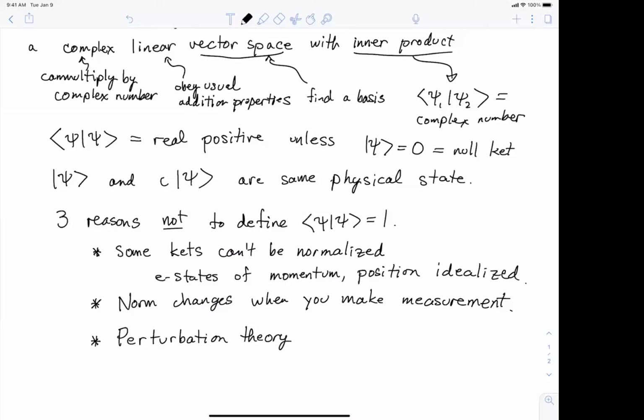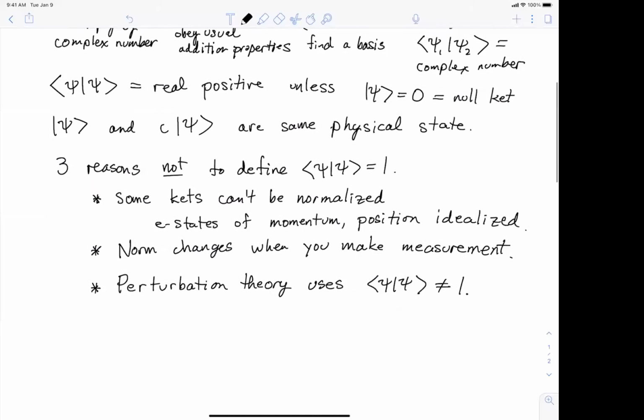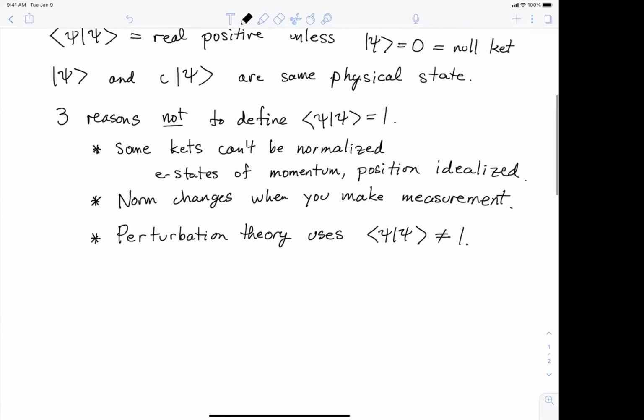And even in the intermediate steps, we won't actually know what the norm of the state is until we get to the end of the problem. So perturbation theory uses states that don't have norm 1. And we'll find out that there's a really important and good reason why we want to do that. Okay, but we will get to that later. All right, so that's all I wanted to say about postulate 1 for now.